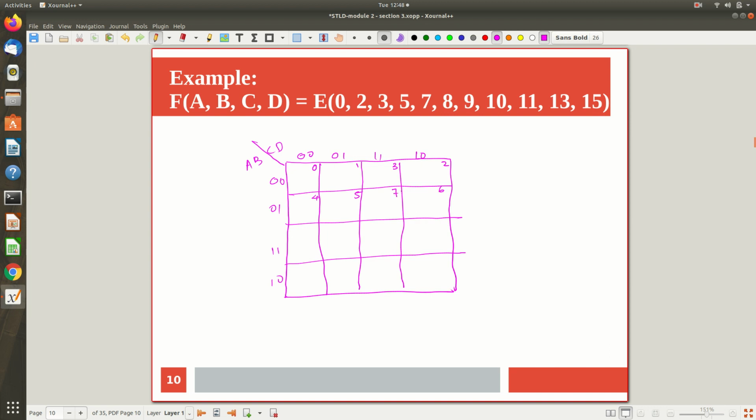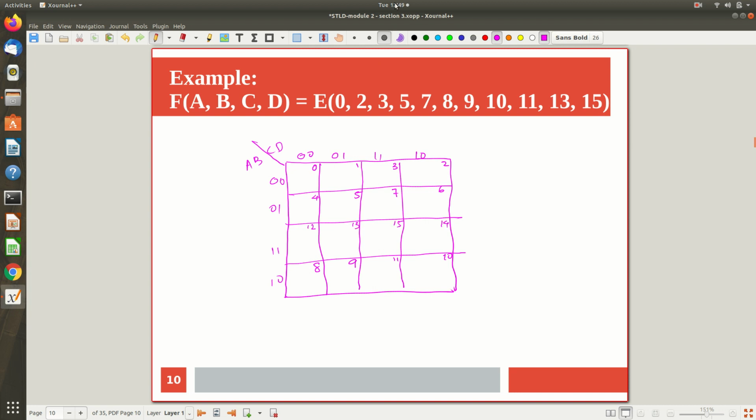Because it is very easy for me to map. Otherwise, I have to use my memory more, like 0100, what is it, like that. I don't need that mapping. That is why I am doing this. This is my way. You can do it in your own way. Without writing this also, you can do this simplification. 8, 9, 10, 11, 12, 13, 14 and 15.